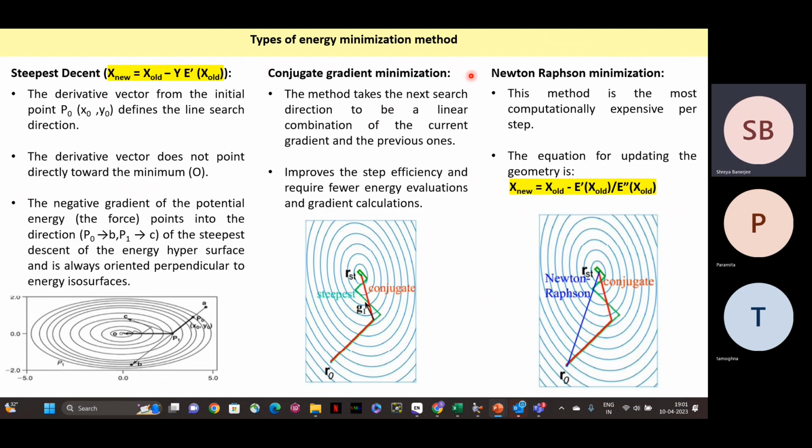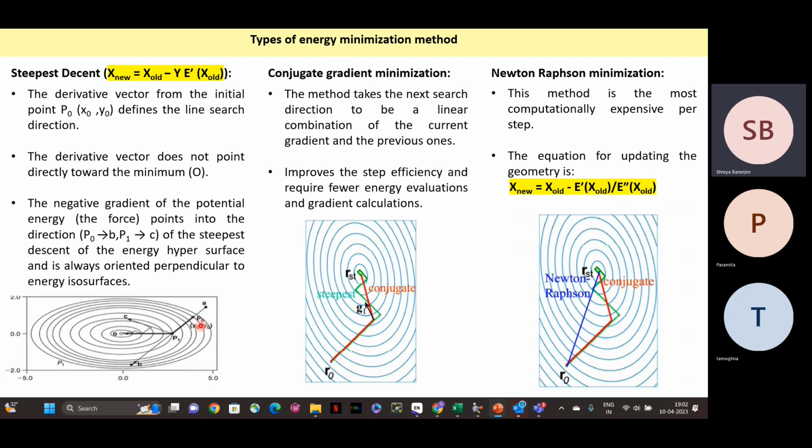So there are different kinds of energy minimization. The first two kinds, called steepest descent and conjugate gradient minimization, are based on the first derivative. So this is the general formula followed by these two methods, where it uses the first derivative of the function.